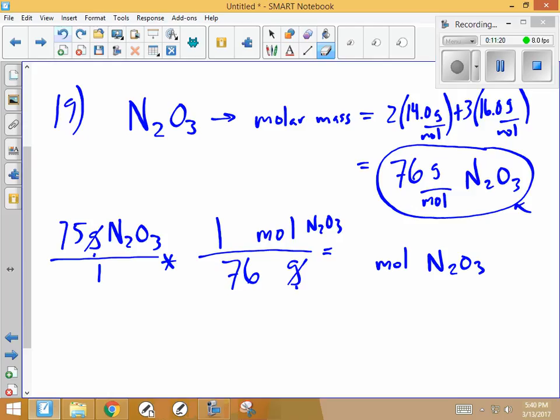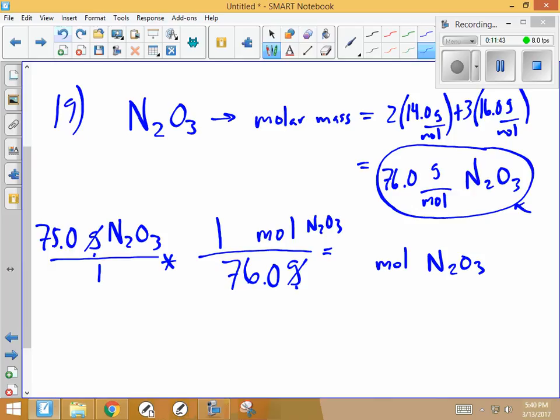That's 75. Let's make sure we have the right number of significant figures. 75.0. And when we did this, we had 76.0. So we'll have 76.0 over here. We'll need 3 significant figures.